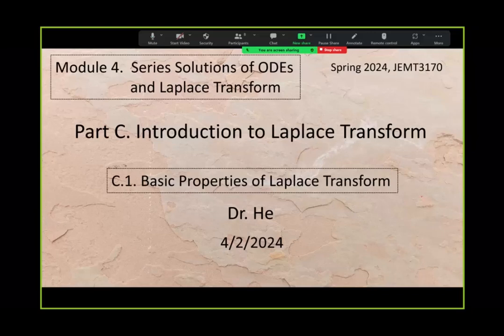We apply different techniques directly on the given question. Now this new approach is indirect, not direct. Before we solve it, we apply a certain transform, then change the domain of the question.